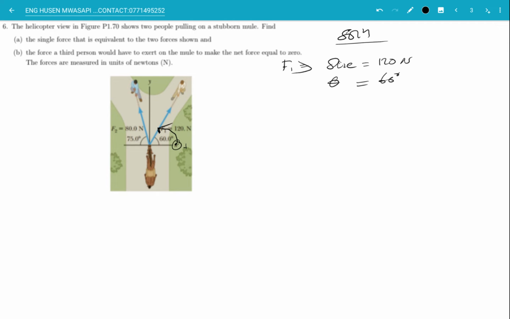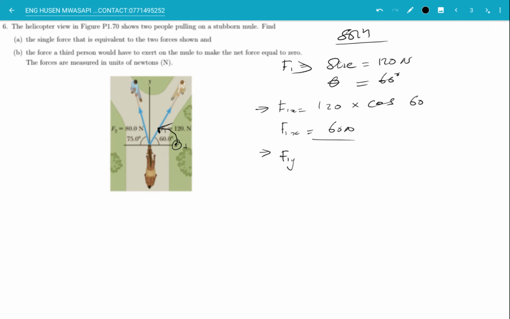And then you have to find the components of this force. So you have the x component. Let me say F1x will be, remember, size times cos theta, so 120 times cos of the direction, 60. If you apply 120 times cos 60, what are you going to end up having? Yes, it's 60 newtons. So I found the x component. Now find the y component.